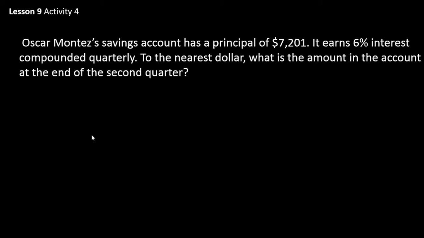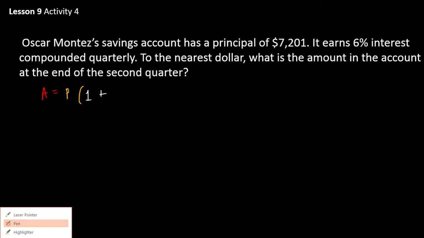Okay, so first of all, we need to use our compound interest formula. A equals P, where P is our principal, times 1 plus rate divided by n.